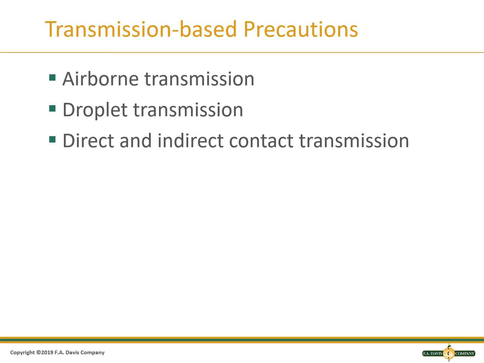So, airborne transmission. This occurs when infectious particles are so small and lightweight that they float in the air and can be spread through air currents. A person entering the room could possibly inhale these particles.